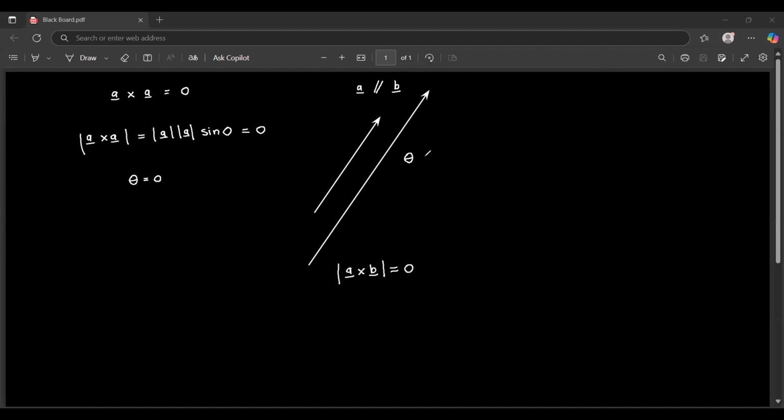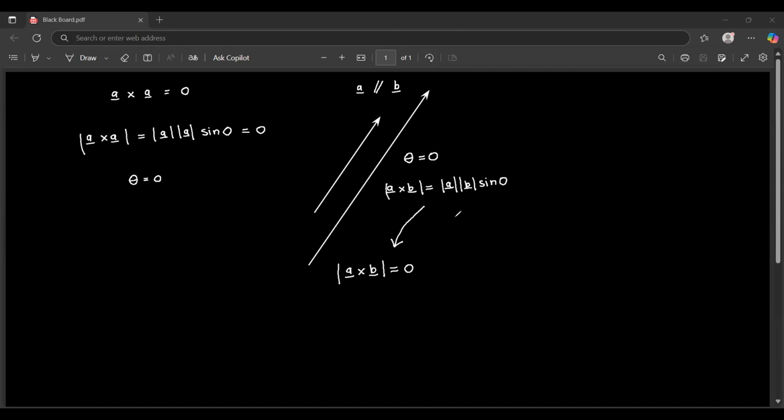Why? Theta is equal to 0 and A cross B is equal to A into B into sine 0, so that will be equal to 0. This is an observation that you can make.